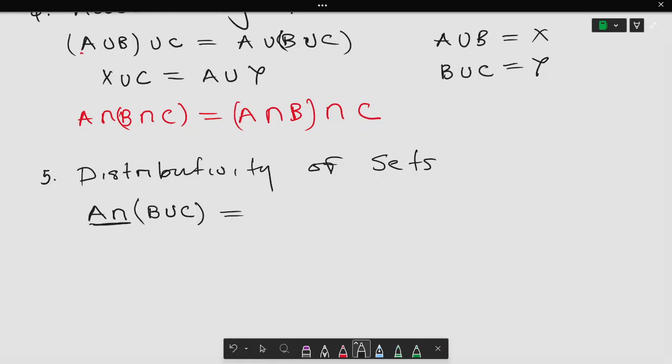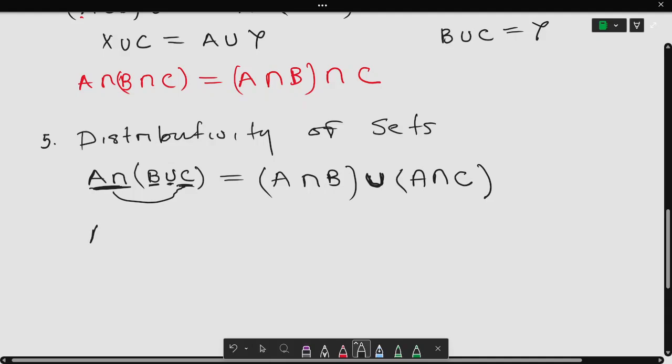You distribute this to this and also to this, and what you get will be A intersection B in brackets, and this symbol will come back in the middle, and you have A intersection C. That's what you're going to have.